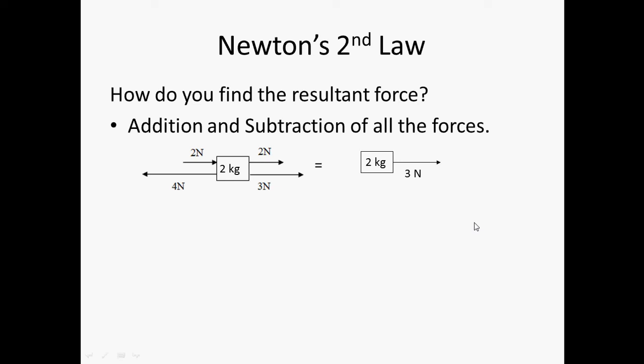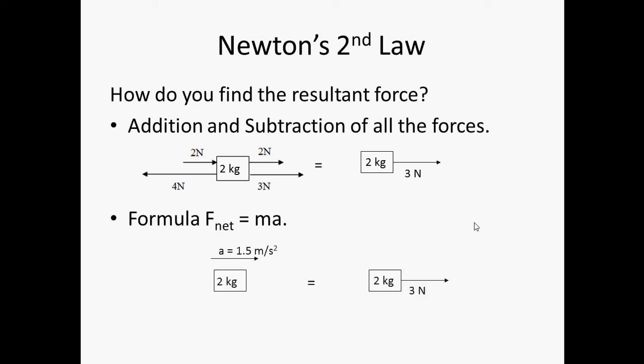Another way to find the resultant force is, if you are given the acceleration, you can use the formula F net equals ma, which is resultant force equals mass times acceleration. So if you are given the same object of mass 2 kg and an acceleration of 1.5 meters per second squared, the resultant force can be found by multiplying the mass and the acceleration, which will give you the same effect.